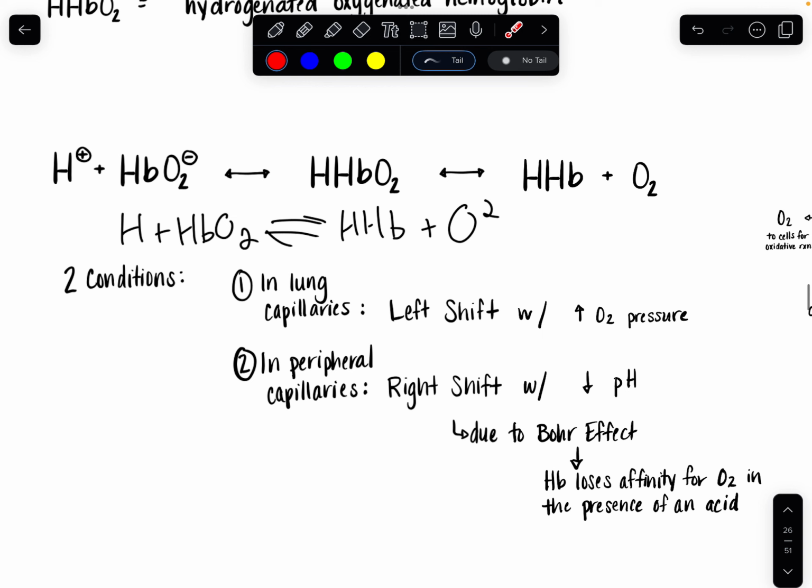So we have this little equation right here, H plus HbO2 goes back and forth, in equilibrium with HHb plus O2. And this is basically a cab example, and my roommate liked to use the bar fight example. Let's say, specifically for the lung capillaries, you're hydrogen and all of your hydrogen buddies are at the bar, and they're like, hey, get down here.